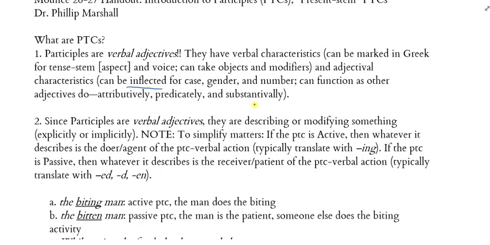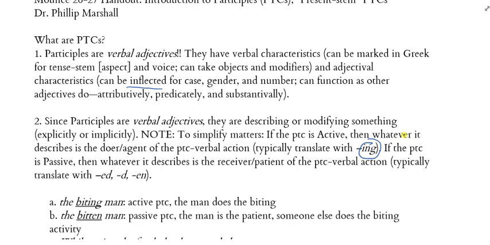Now, I'm going to simplify matters here, but remember, we have voice choices for our participles. If the participle is active, then whatever it describes is the doer or the agent of the participial verbal action. And when that's the case, we will typically want to translate them with ing endings, eating, drinking, and so forth.